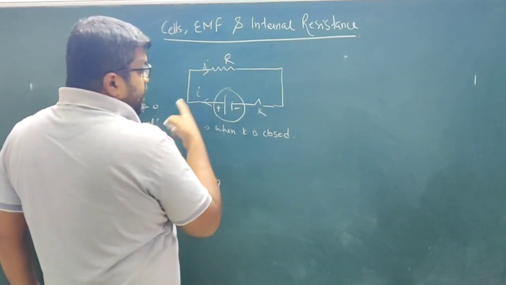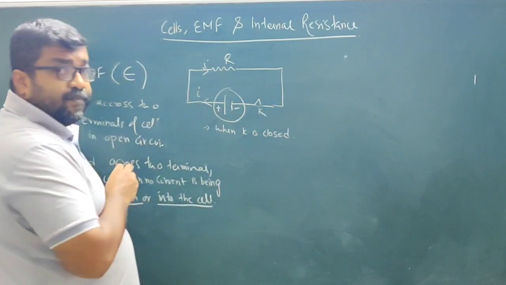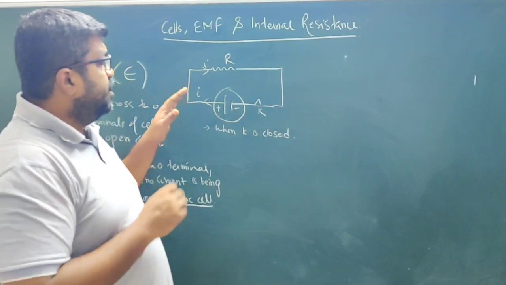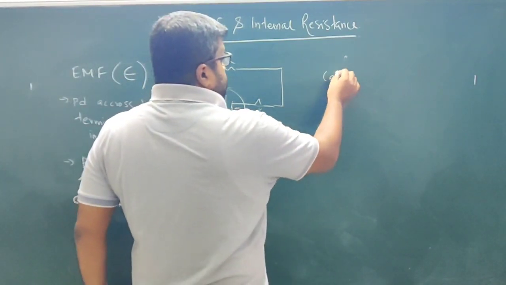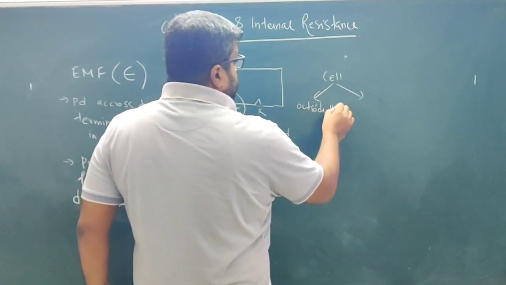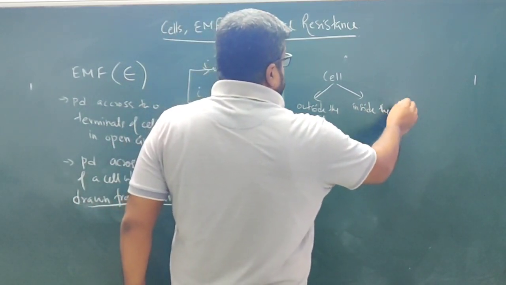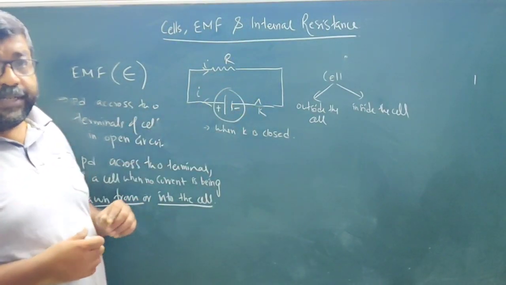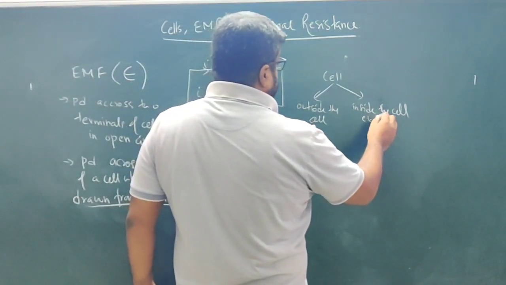Then the internal circuit: we will divide this circuit into two parts, outside the cell and inside the cell. Outside the cell means the connecting wires, resistor, key. Inside the cell means electrolyte.